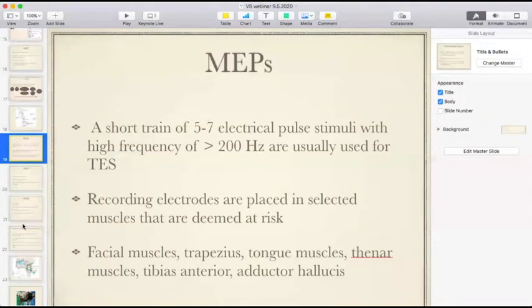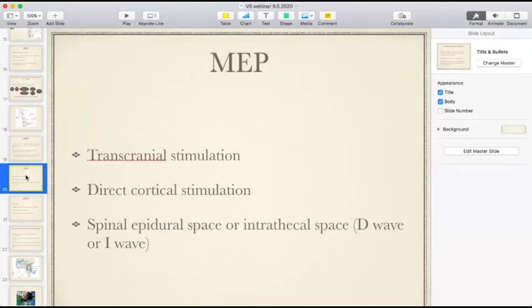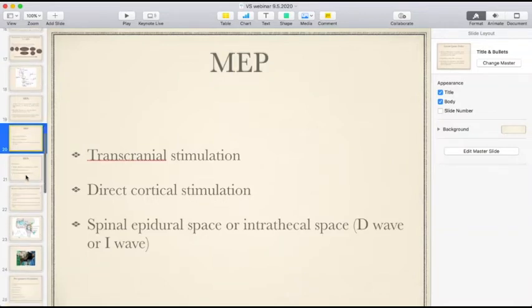For the vagus nerve, the recurrent laryngeal nerve can be used to detect EMG response. I'm sorry, transcutaneous recording of the MEPs.